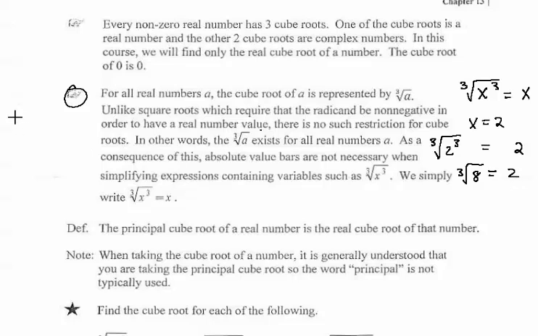Now, does this equation hold if I let x be negative 2? If we put it in the radical and cube it, and then I replace the x on the right side with a negative 2, then we see we're taking the cube root of actually a different number. We're taking the cube root of a negative 8 and not a positive 8.